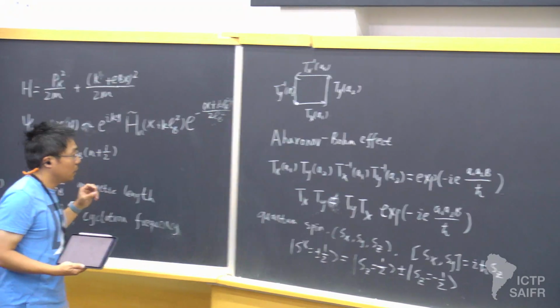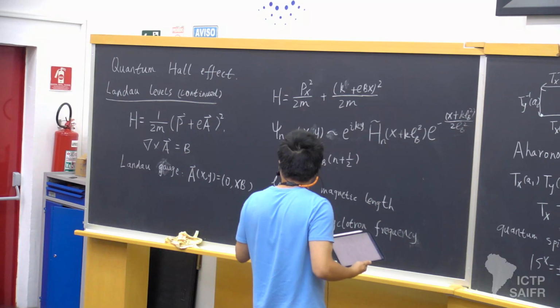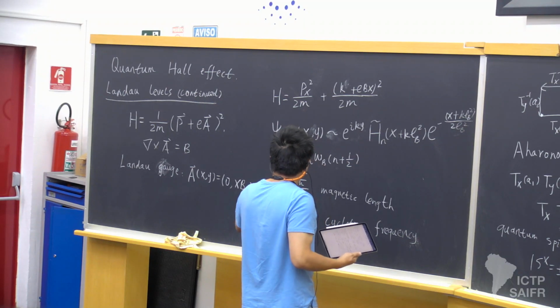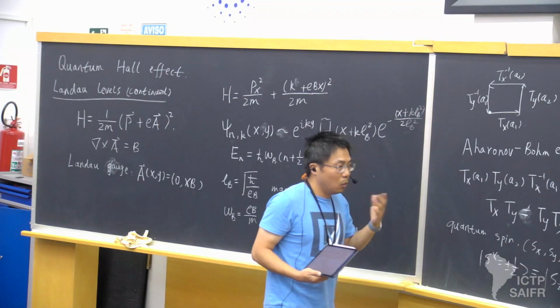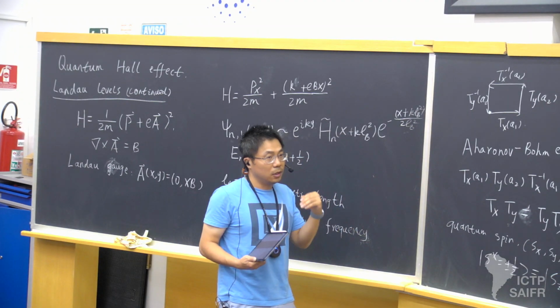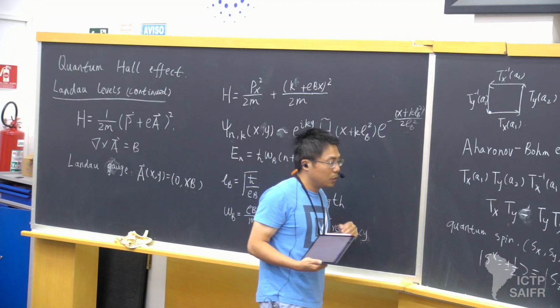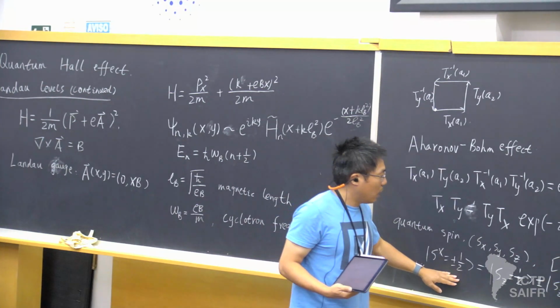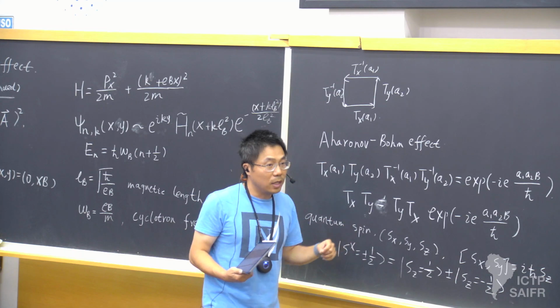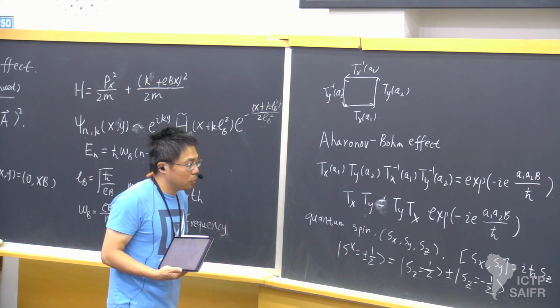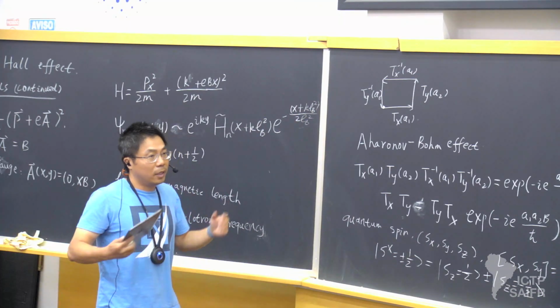Here, what we did is that we chose a gauge such that my wave functions have translation symmetry along the y direction, but it breaks the translation along the x direction. Similar to the spin 1/2 case, I will end up with degenerate states, just like spin up and spin down. Then you are free to use those degenerate states to make another choice.